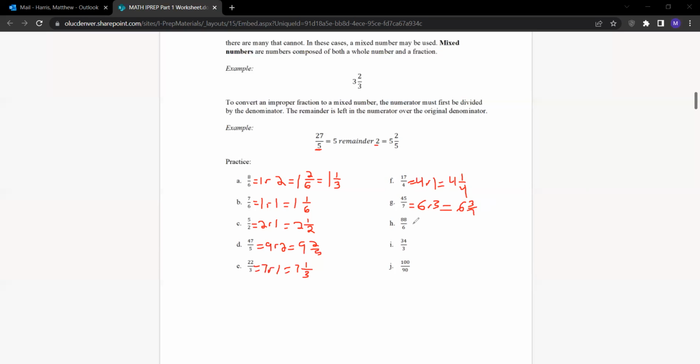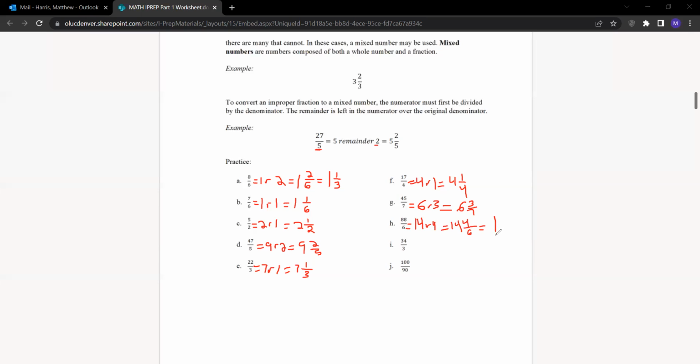All right, next up we have 88 divided by 6. So how many times does 6 go into 88? It's going to be 14. So 6 times 14 is 84. So our answer is going to be 14 remainder 4, which is equal to 14 and 4/6.